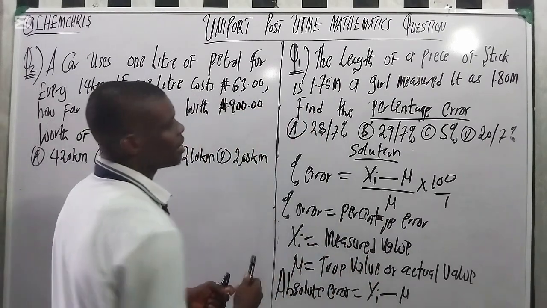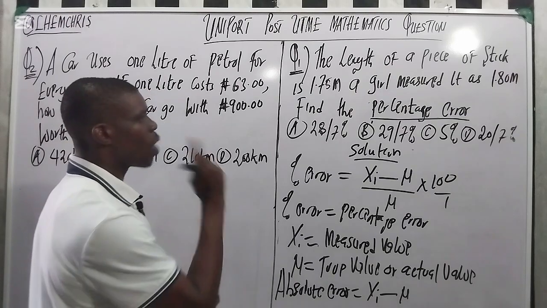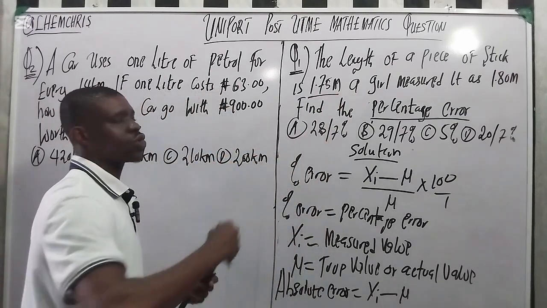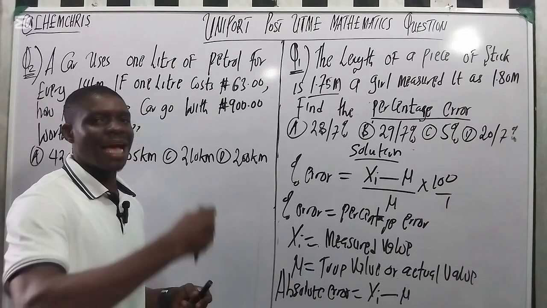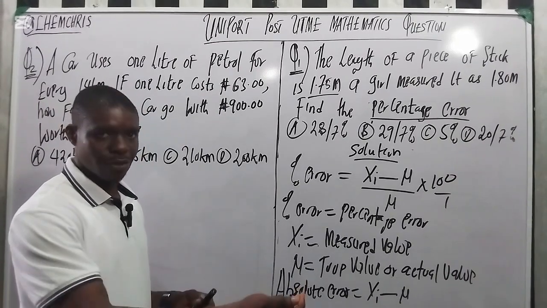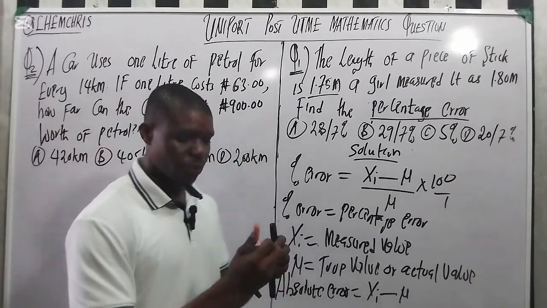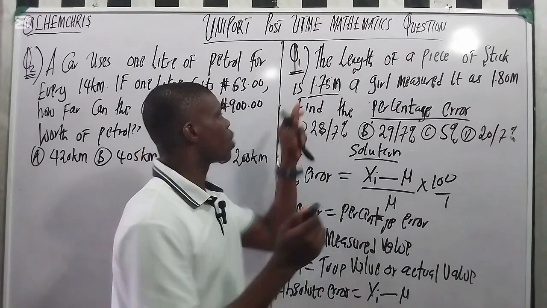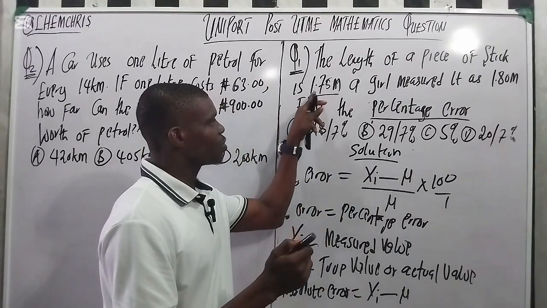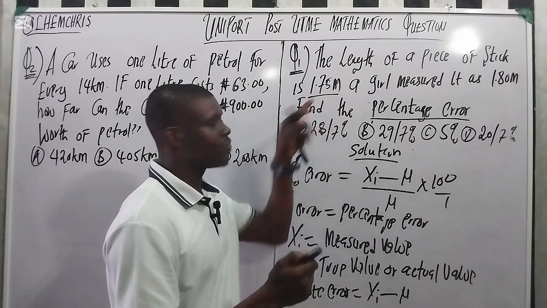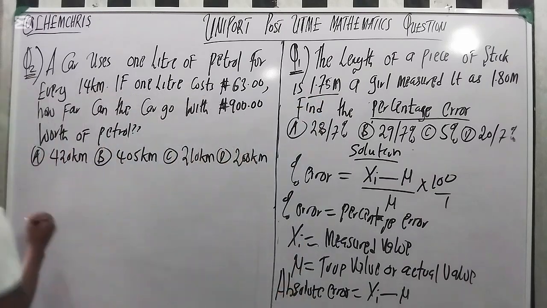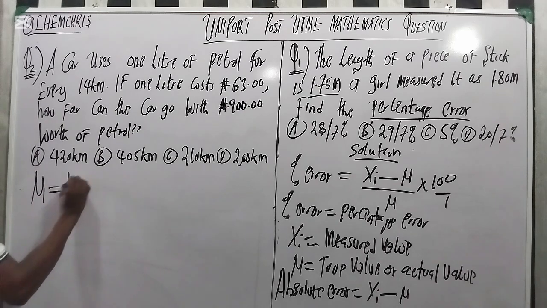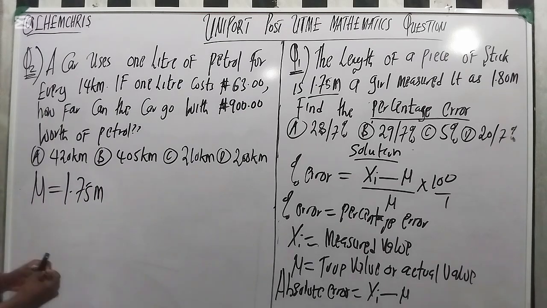The length of a piece of stick is 1.75. This is the actual or true value, because it is the length of the stick. So the actual length is 1.75 meters, and mu is equal to 1.75 meters, right?